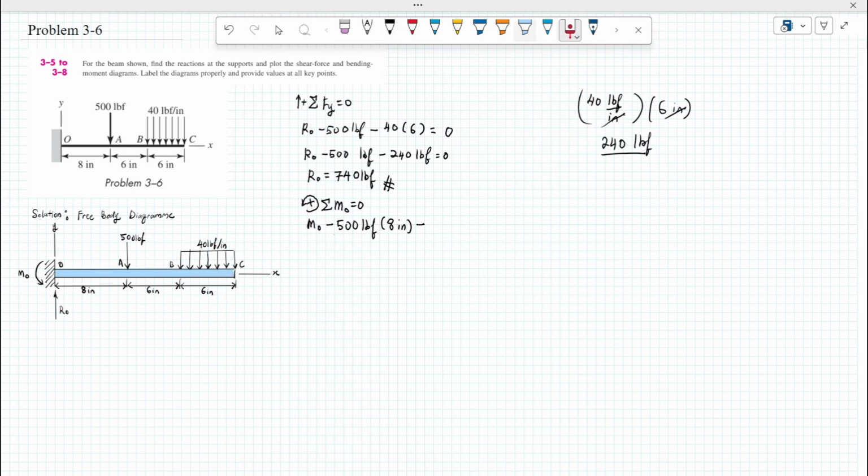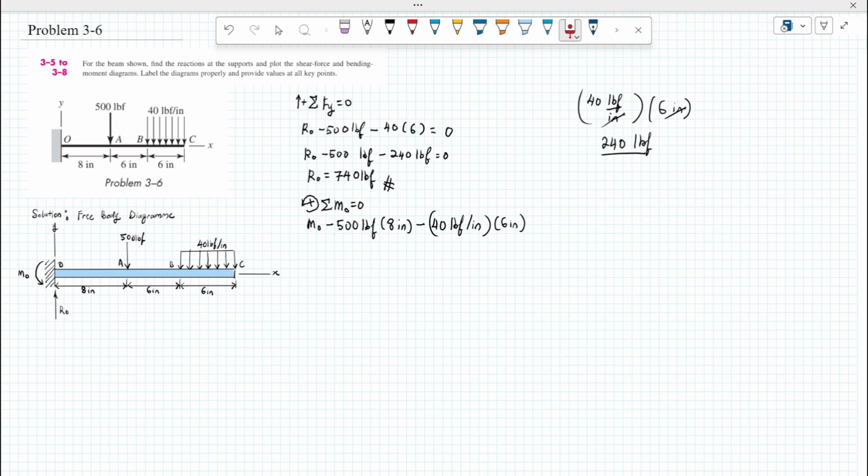And that we're gonna put 40 pound force per inch times the length it is acting, so 6 inch over here.